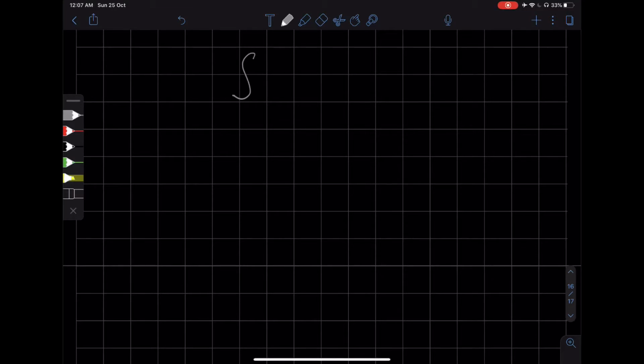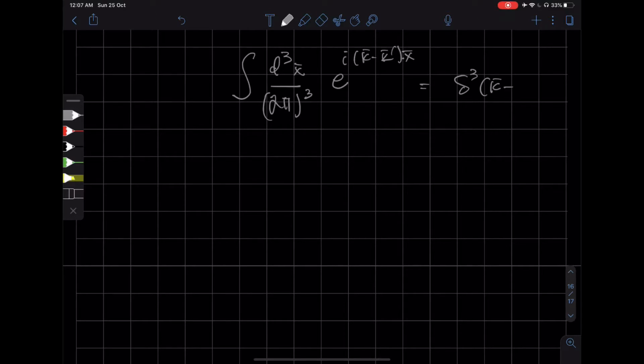for the exponential functions, we have the completeness relationship that if I integrate these over all space, the integral d cubed x of e to the power i (k minus k prime) x is going to be equal to (2 pi) cubed, the Dirac delta function of k minus k prime.